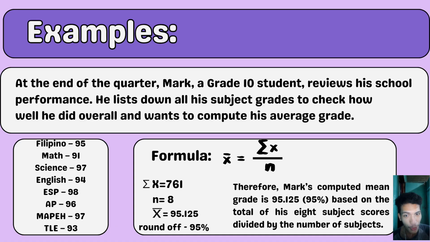Therefore, when he summed it up and divided it by how many subjects he had in his grade 10 journey, he got the average of 95.125% or 95% rounded off. So that's basically the way to get the mean.